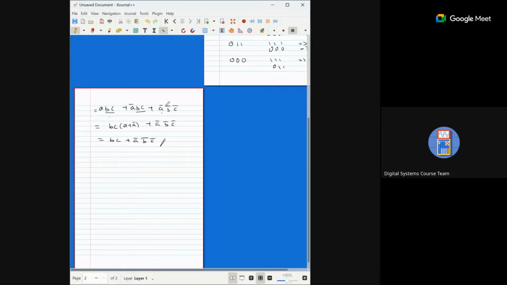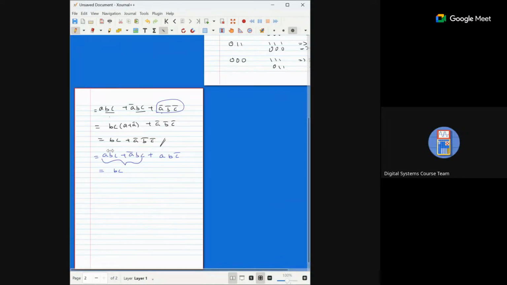If there is, what I am supposed to do is, for example, assume that instead of this case, let me take another example: abc plus a bar bc as usual, and instead of this term I'm taking abc bar. In this case I already told you this can simplify to bc, as we just discussed.